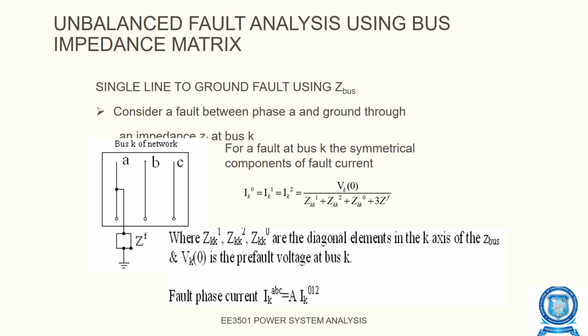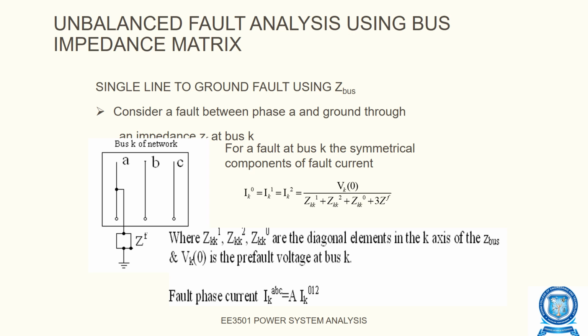Consider a fault between a phase and ground through an impedance ZF at the bus K. For that fault current, IK0 is equal to IK1, which is equal to IK2, which is equal to VK of 0 divided by ZK1, ZK2, ZK0 plus 3 ZF, where these Z values are the diagonal elements of the K axis of Z bus, and VK of 0 is the pre-fault voltage at that particular bus K. Fault phase current IK ABC is equal to A times IK 0 1 2, that is zero, positive and negative sequence.